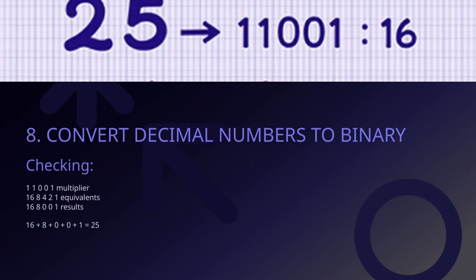Adding these results together, 16 plus 8 plus 0 plus 0 plus 1, gives us a total of 25. This confirms that the binary number 11001 corresponds to the decimal number 25. Understanding this process is fundamental because converting between decimal and binary is essential in digital systems and computer architecture.